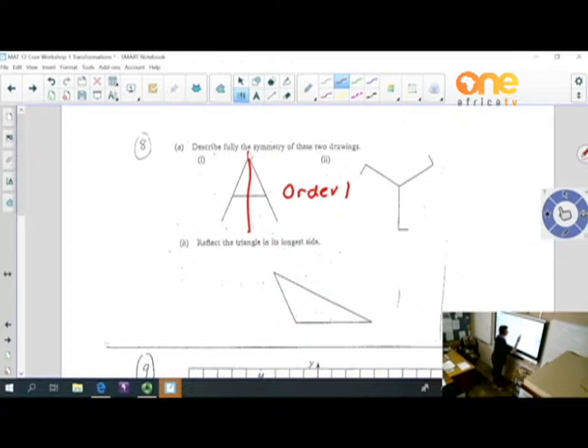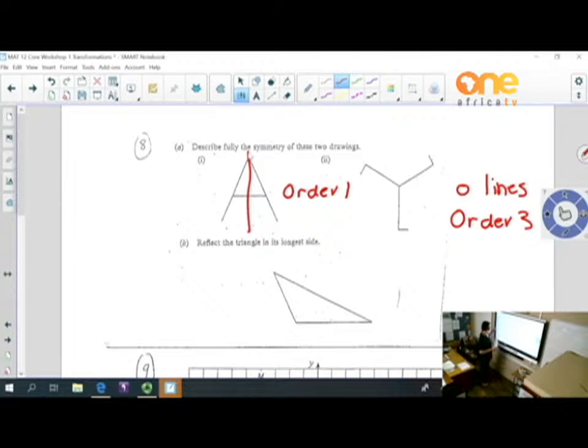Look at this one. Lines of symmetry, 0. No lines of symmetry, 0 lines of symmetry. And then order, how many times will this one be able to turn around? 3. Order, 3. Use your tracing paper if you're in doubt.